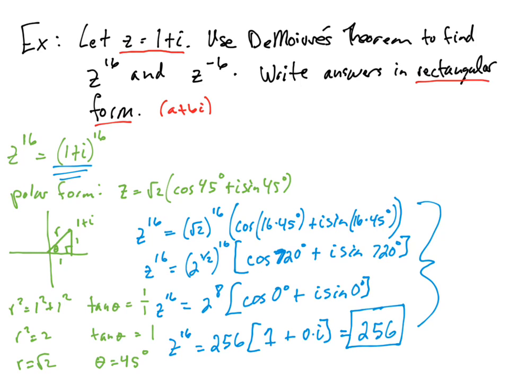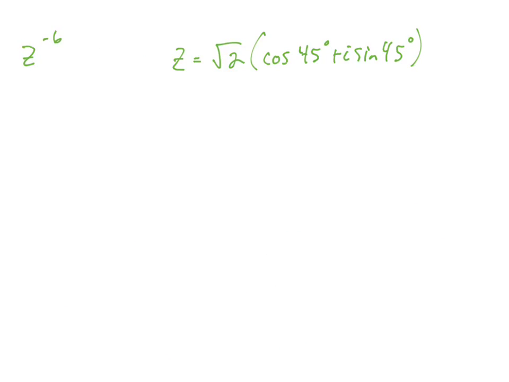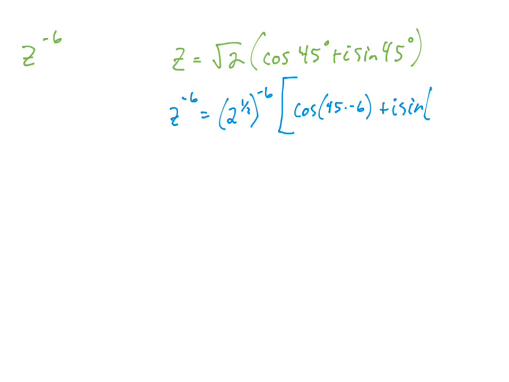Now we also want to figure out z raised to the negative 6th, so let's do that on this next slide. I rewrote our complex number in polar form here. So z to the negative 6th is equal to square root of 2, which is 2 to the 1/2, raised to the negative 6th, and then cosine of 45 times negative 6 plus i sine of 45 times negative 6.